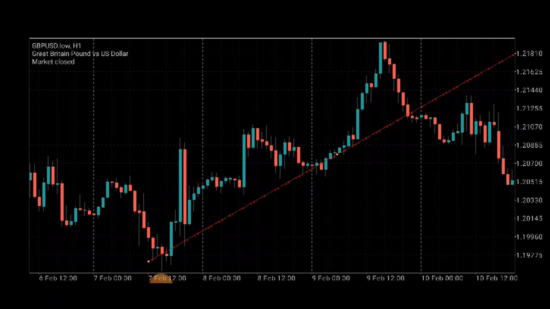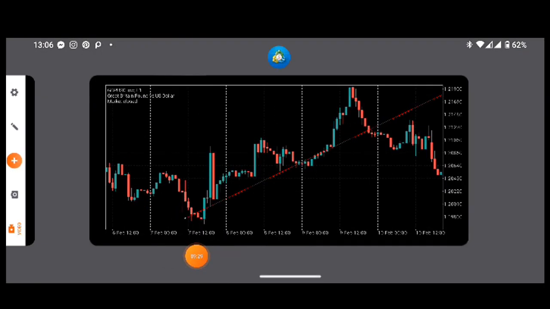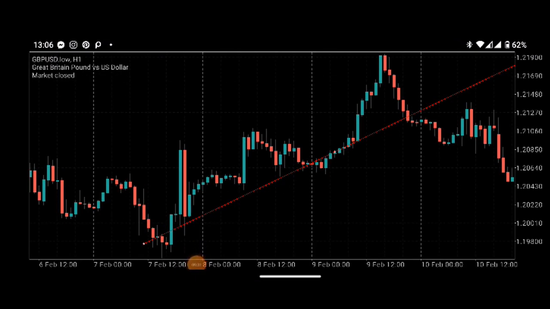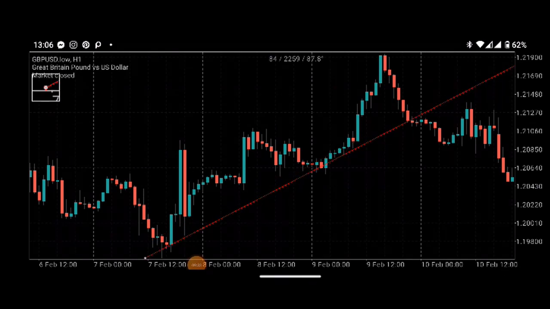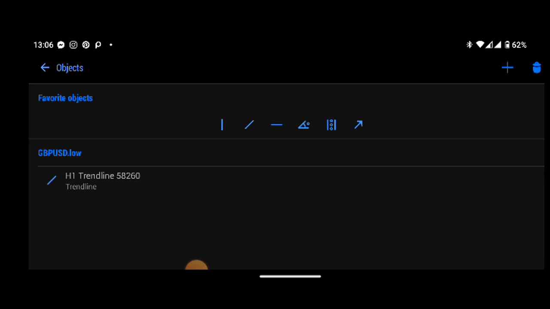Now you look at your candles. You move your line to the area where the candle body forms, and then you put a second line at the end of your wick.